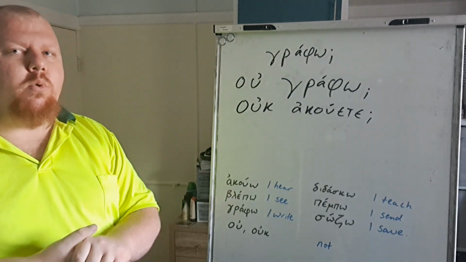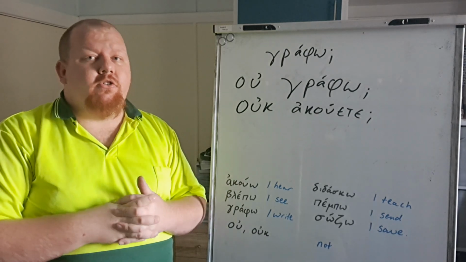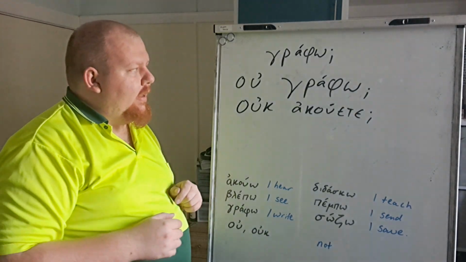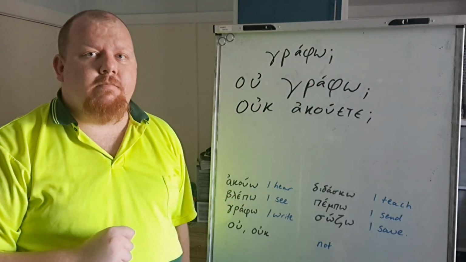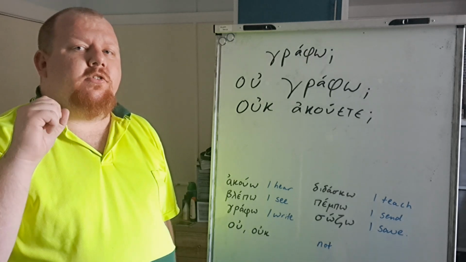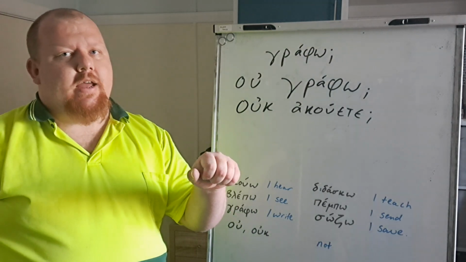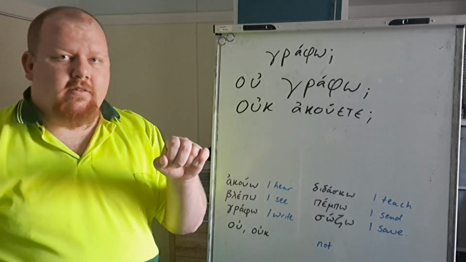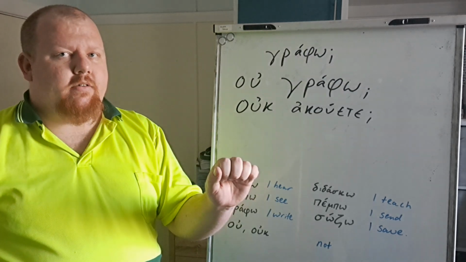Now, the last thing I'll point out as well, if you are paying attention to the accents, what you would have noticed with these verbs is that it always has an acute accent, and it's always over the syllable just before the ending. Okay? So whatever the ending is, the acute accent is going to go on the syllable just before it.